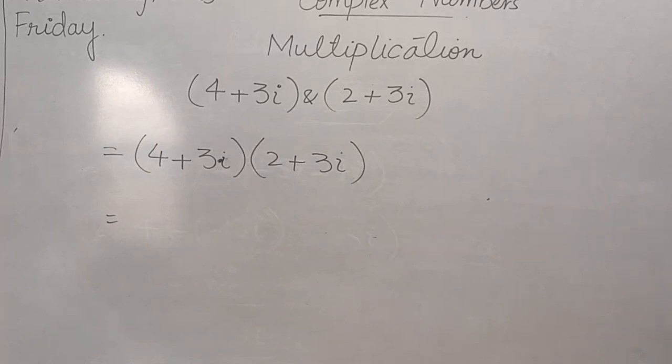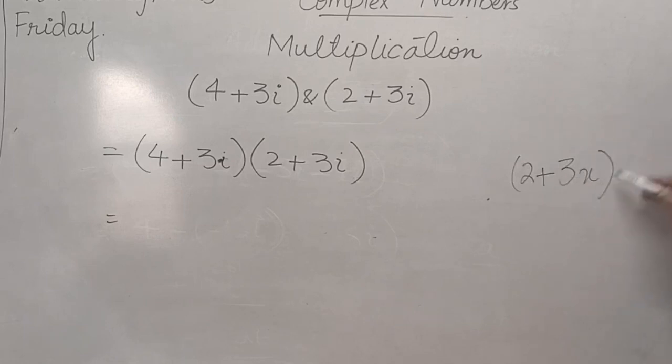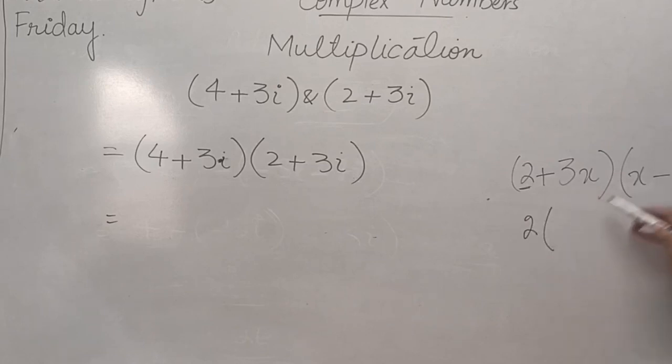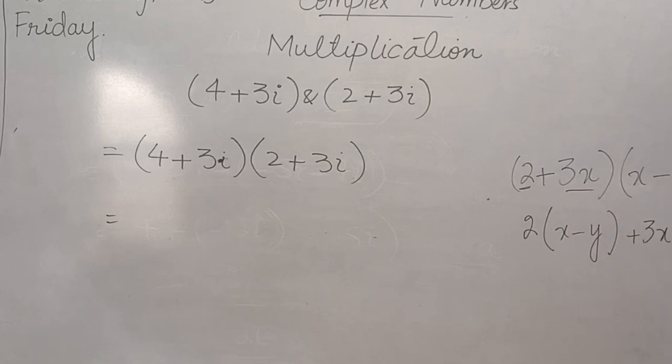Okay, first of all tell me, if we have 2 plus 3x and the next bracket is x minus y. This is an algebraic expression and you already read about them. So how to multiply these two expressions? First of all, we take the first number of the first bracket and multiply it with the whole next bracket. Then take the second number of the first bracket and multiply it with the whole second bracket.